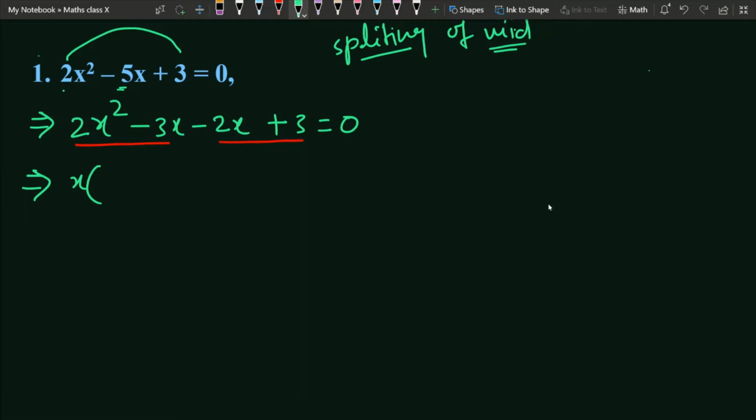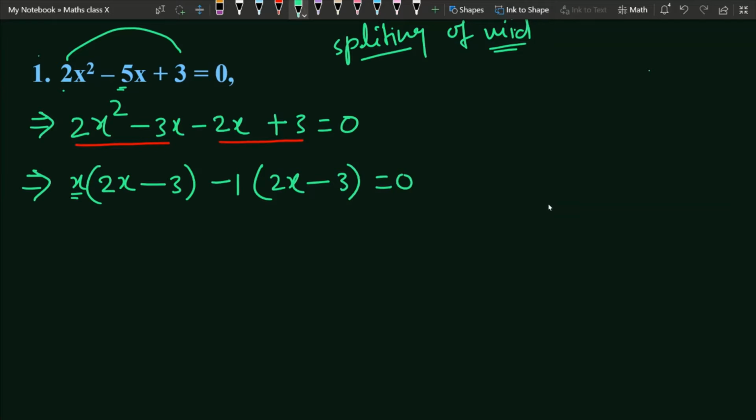What will remain if we take x as common? 2x and, since we have taken x out, minus 3. And then in minus 2x plus 3, we'll take minus 1 as common, we'll get minus 2x, and because we have taken the minus sign out, the sign will change. It will be minus 3 is equal to 0.